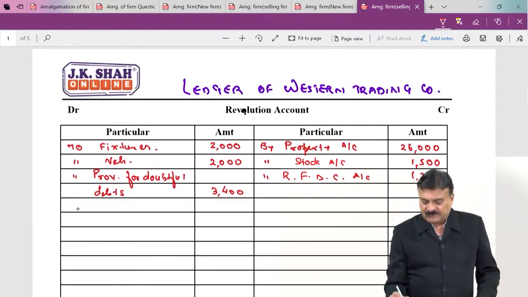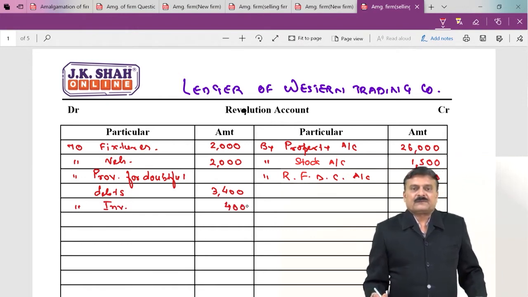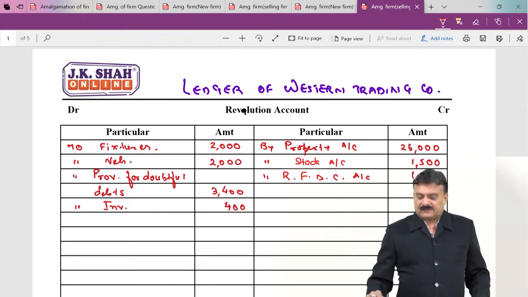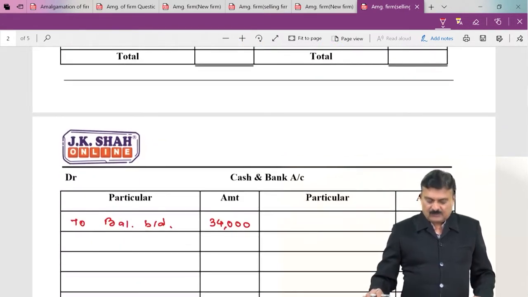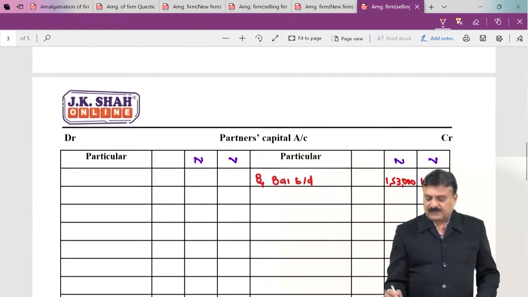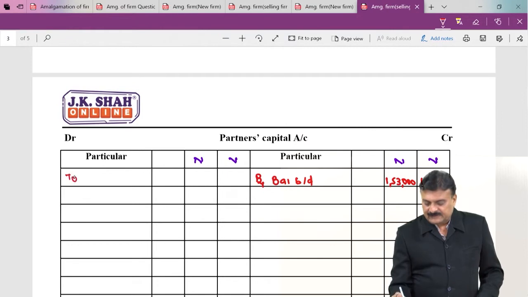So, revaluation debit side, to investments 400. Second effect, it is taken over by whom? Taken over by Vasant. So, it will go to partners capital, debit side, he is taking over investment.